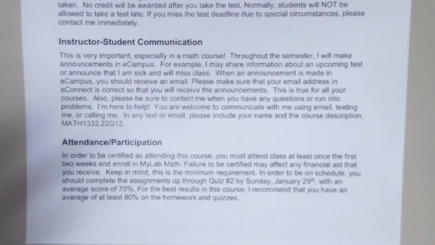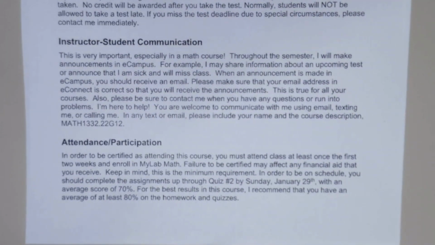Attendance and participation. So I have to certify students as attending on January 30th. So this is the minimum requirement to be certified. Basically, you've got to enroll in my math lab and attend at least once the first 2 weeks. So that's pretty minimal.